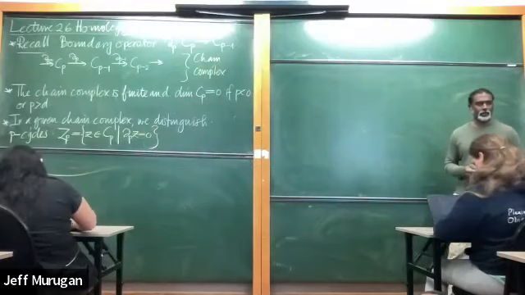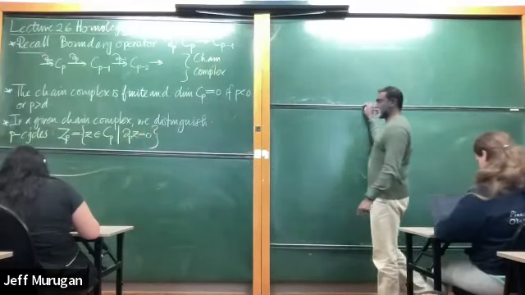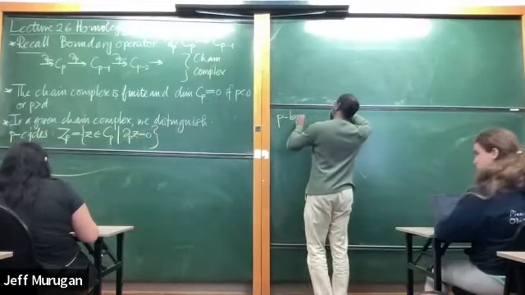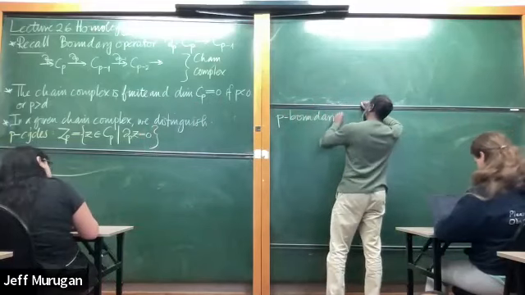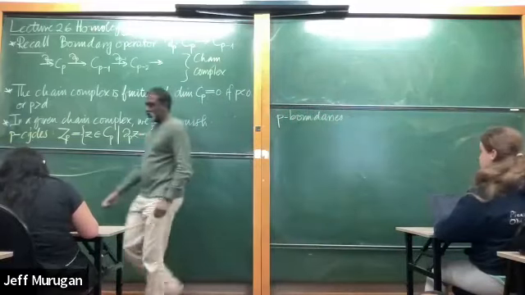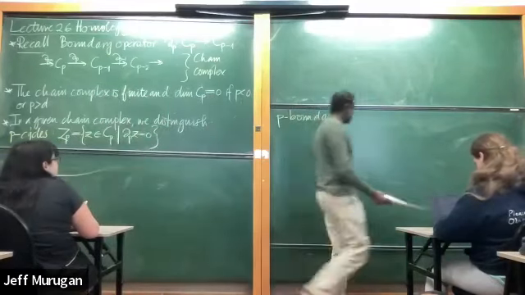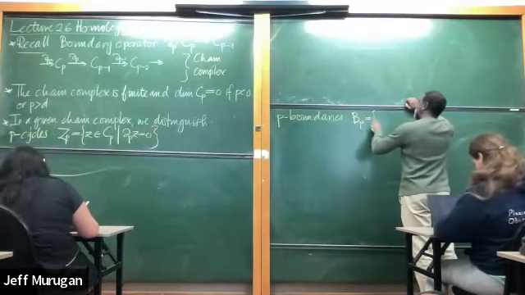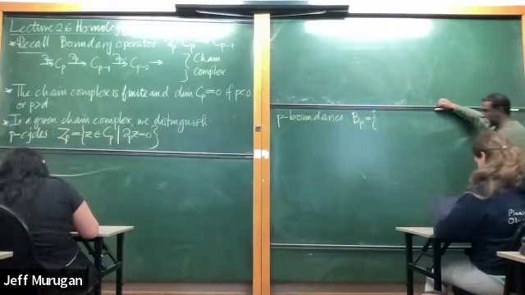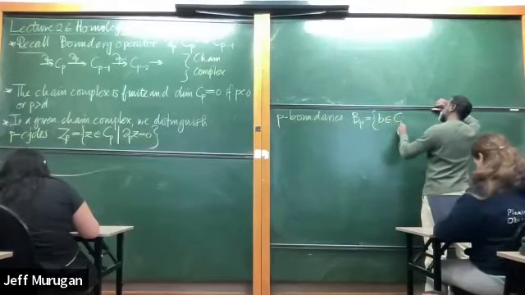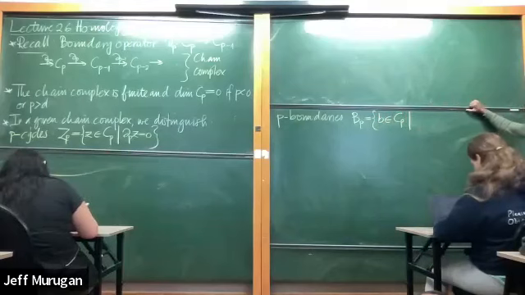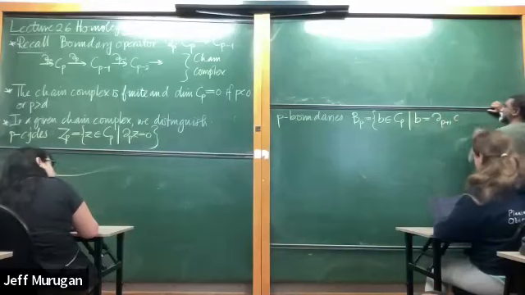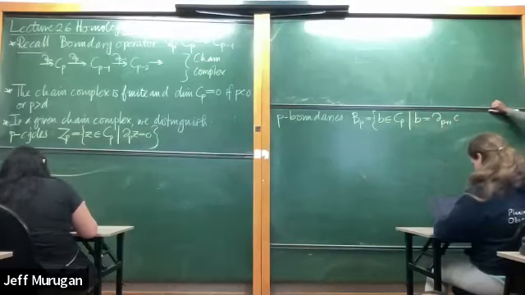Okay. This is like closed forms. And there are p-boundaries, B_p, which consists of the set of p-chains b such that b can be written as d_{p+1} c, where c is some (p+1)-chain.